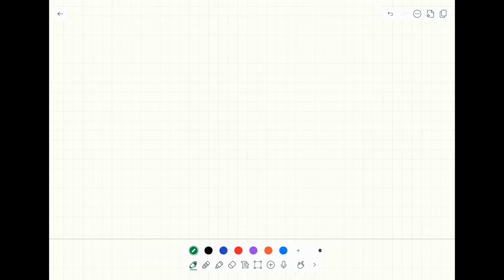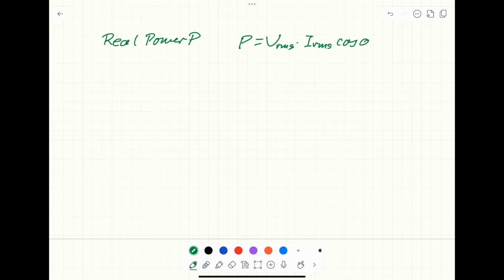Okay, let's see how we should answer this question. The first one, definition. A, what is the real power? So the real power, P, in mathematics is defined as the root mean square value of the voltage times the root mean square value of the current, times cosine theta.